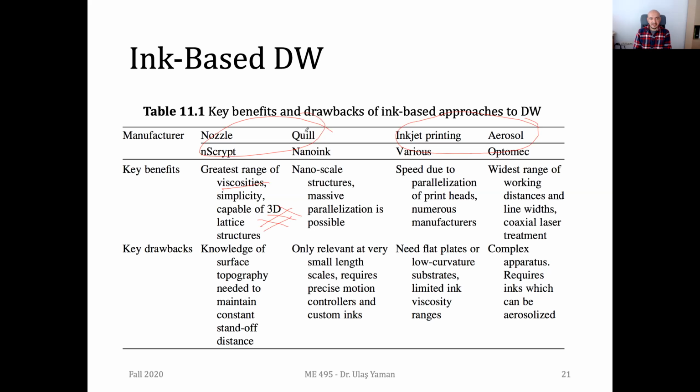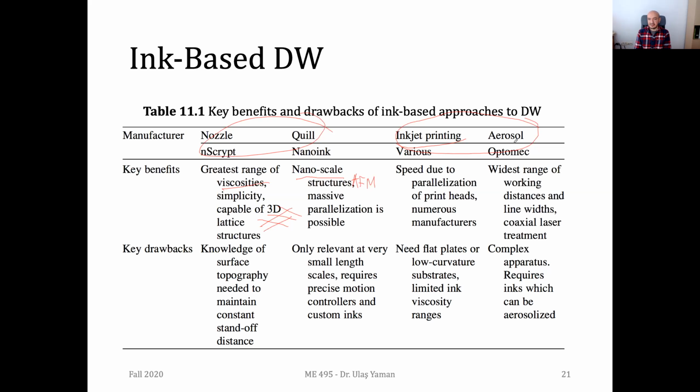If you look at the quill type, what is the advantage? Since we are using an atomic force microscope, we can have nanoscale products, which is not possible with other technologies. Then in the inkjet case, we have discrete products, and you can increase the speed of your manufacturing, since you may have multiple printing heads.